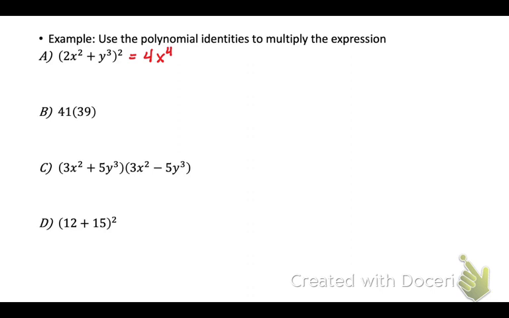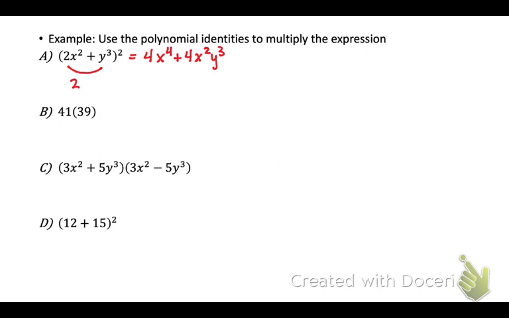Then it tells me to do what? You multiply these two together, and then you multiply it by what? 2. So 2 times 2 is 4, x squared y cubed.